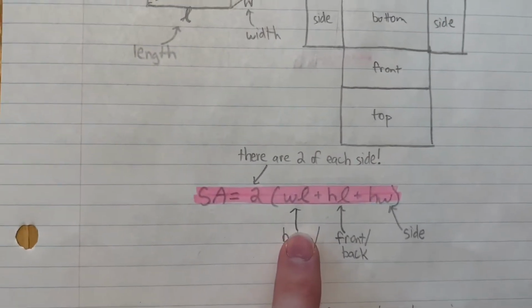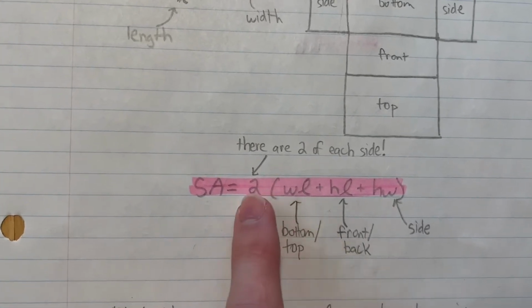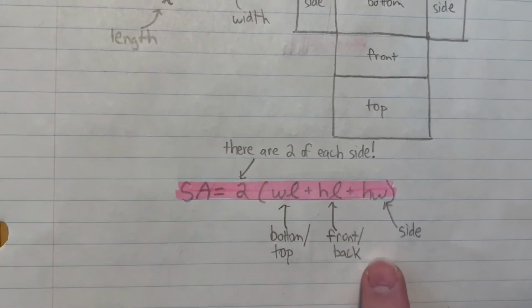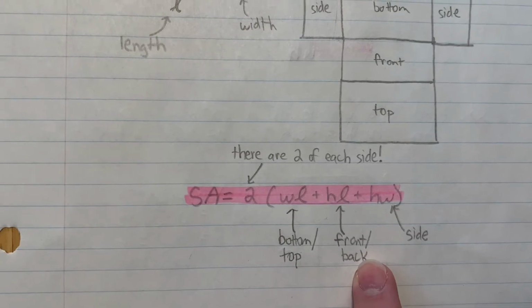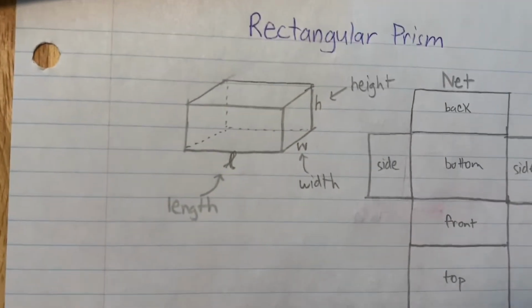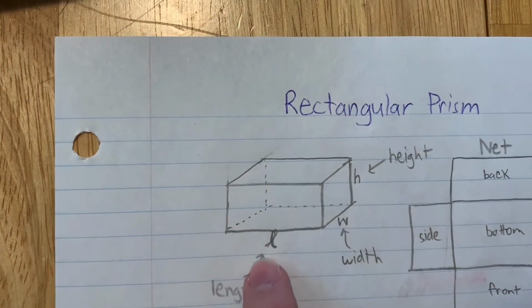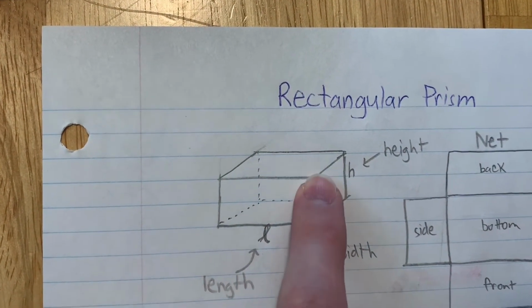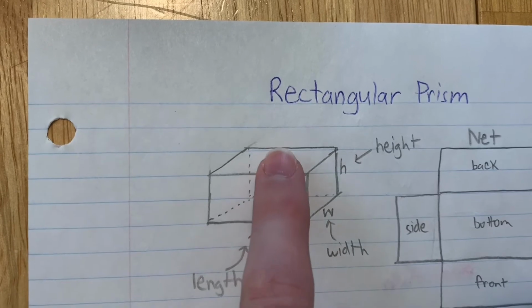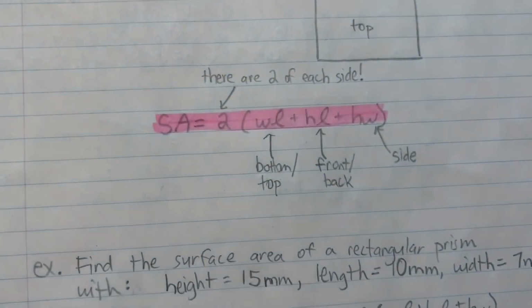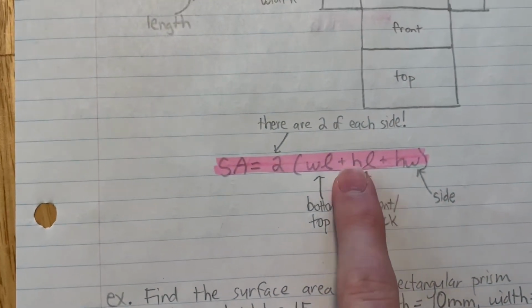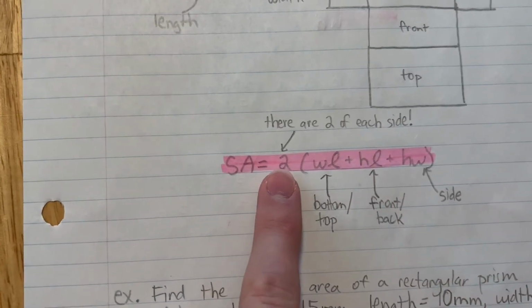So we start off with 1, multiply it by 2. Height times length is for the front and the back. And again, there's 2 of them. So this guy is for 1, so we need to multiply it by 2.